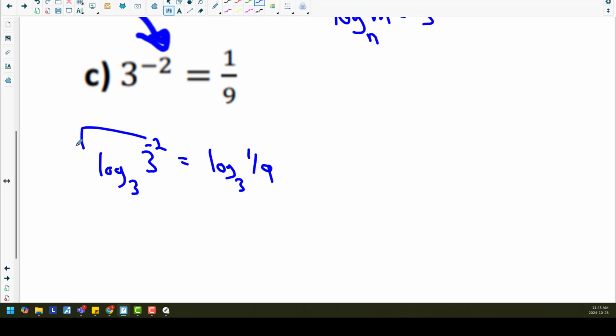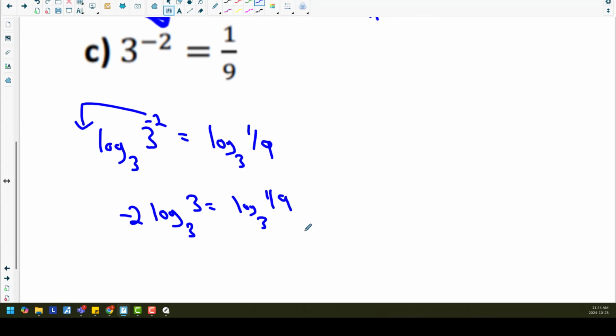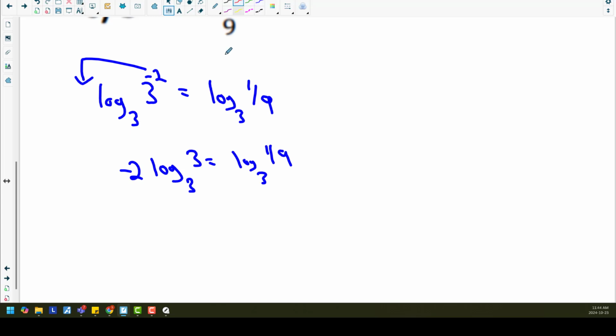The exponent goes in front, so negative 2 times log base 3 of 3 is equal to log base 3 of 1 over 9. And log base 3 of 3 is just 1. So this becomes negative 2 is equal to log base 3 of 1 over 9. And that's the answer. That's how you rewrite it in terms of log form.